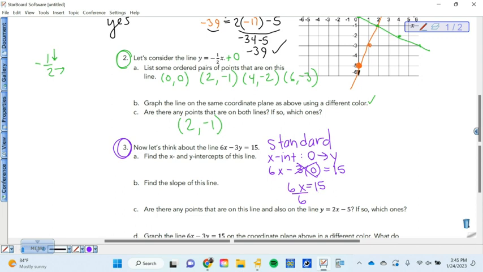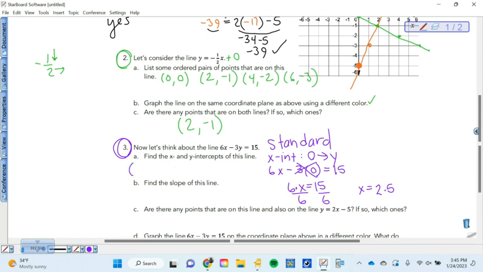Yeah, I'm going to divide by 6. I'm going to get that x by itself. I got to get rid of this 6, so I divide by 6 because that's the opposite of multiplying by 6. And what is 15 divided by 6? 2.5. So my x-intercept is 2.5.